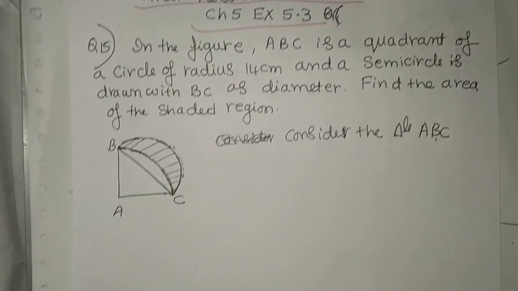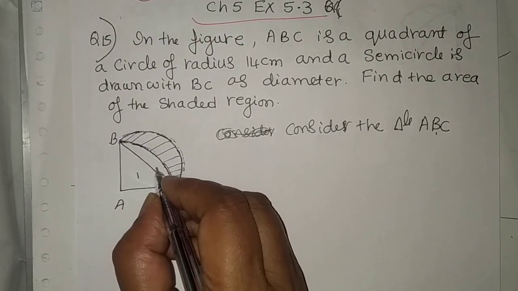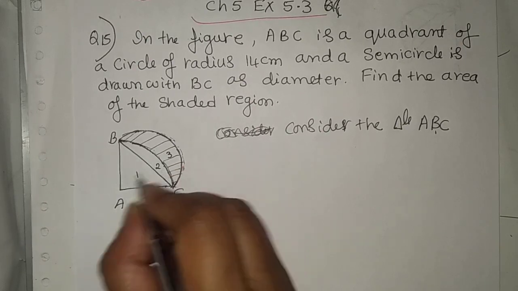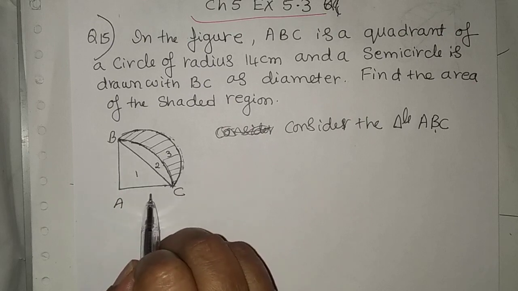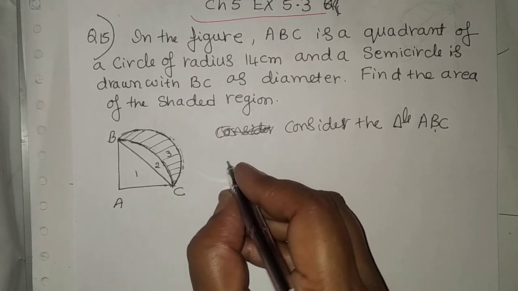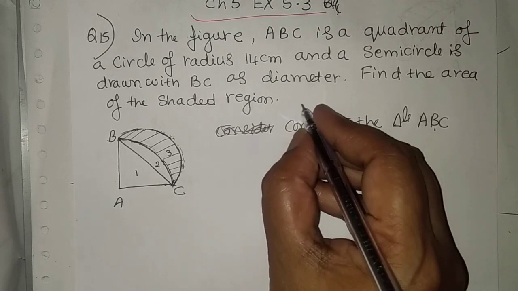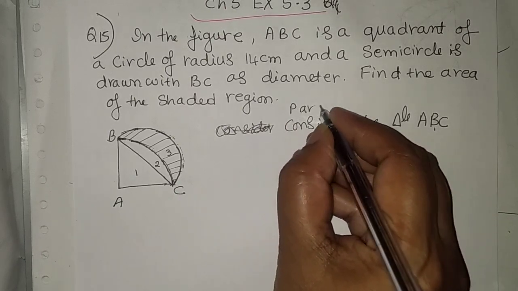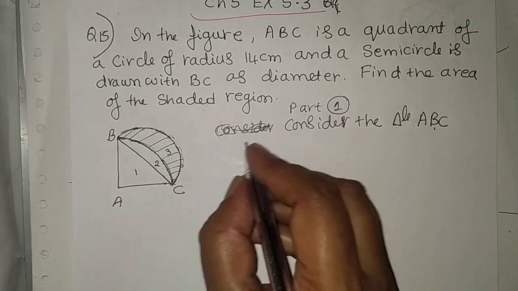Now we'll divide this given figure into 3 parts, this as part 1, this as 2 and this as 3. So we'll take the first part, part 1, and here we are considering this triangle.